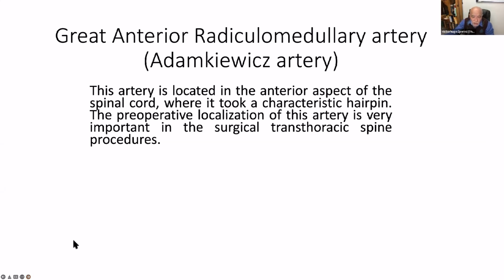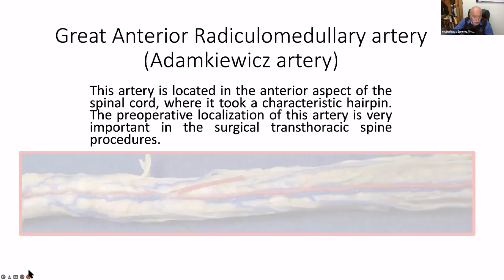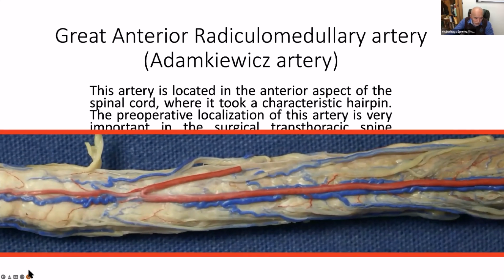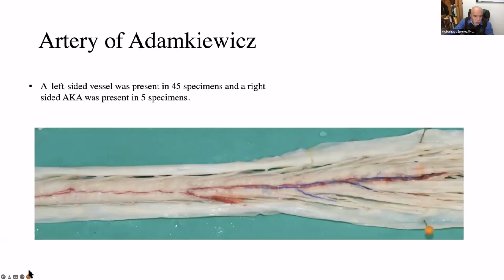The great anterior radiculomedullary artery is located in the anterior aspect of the spinal cord, where it took a characteristic hairpin. The preoperative localization of this artery is very important in the surgical transthoracic spine procedures. Here we have this beautiful artery, Adamkiewicz artery.